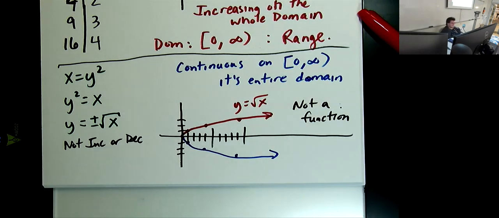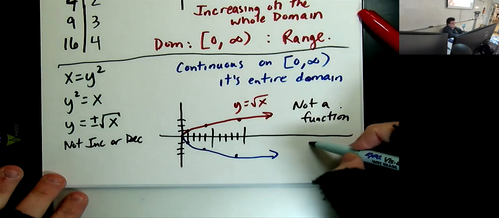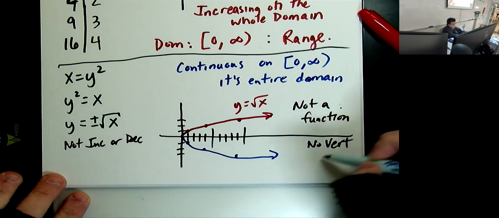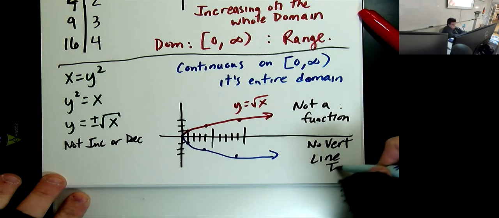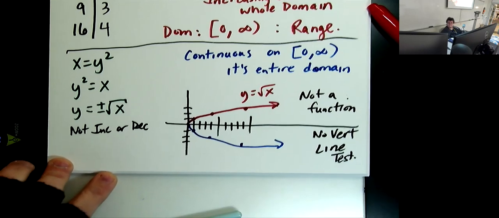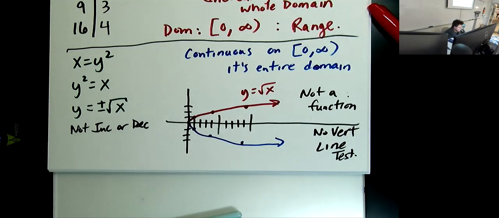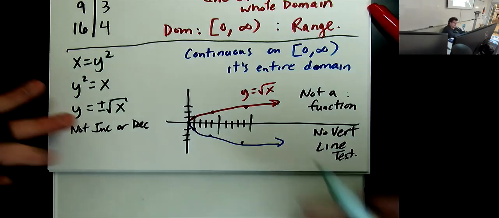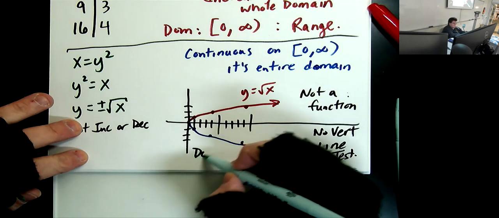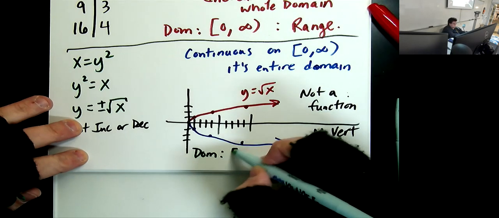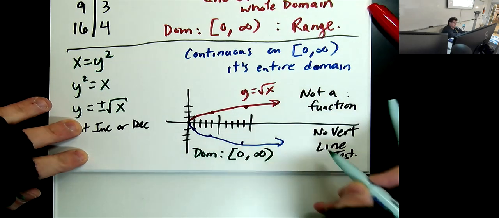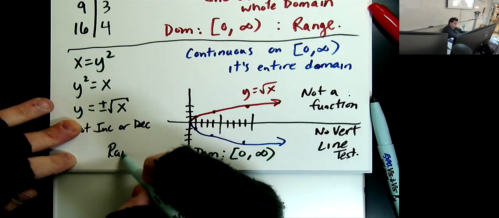It doesn't pass the vertical line test. God, that blue line I drew is shitty. The domain is the same as y equals square root of x, it's still 0 to infinity. But the range is now all real numbers.